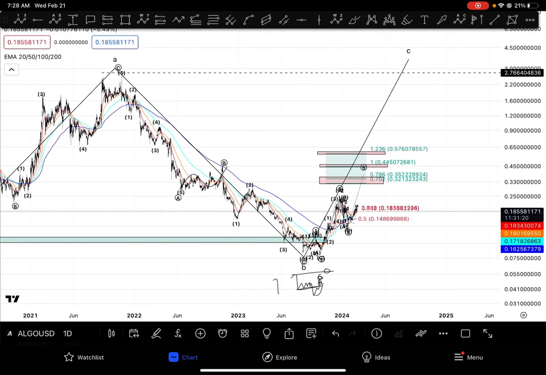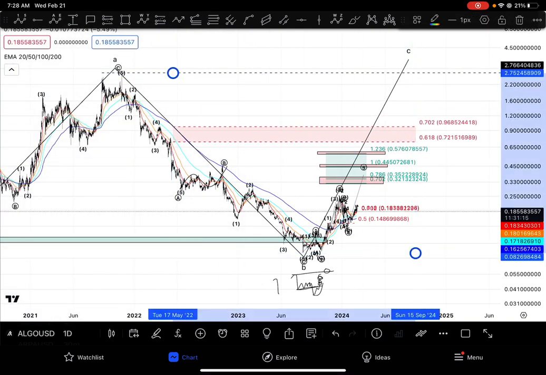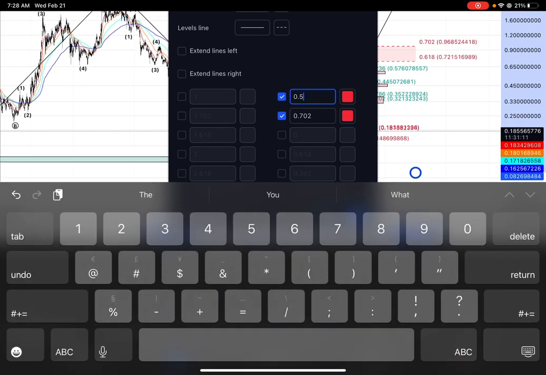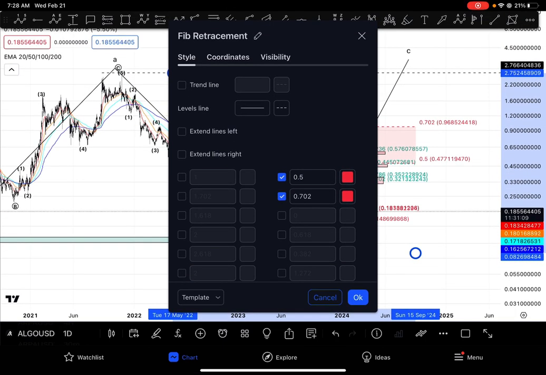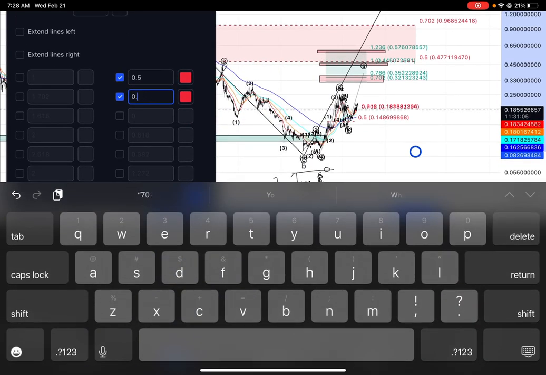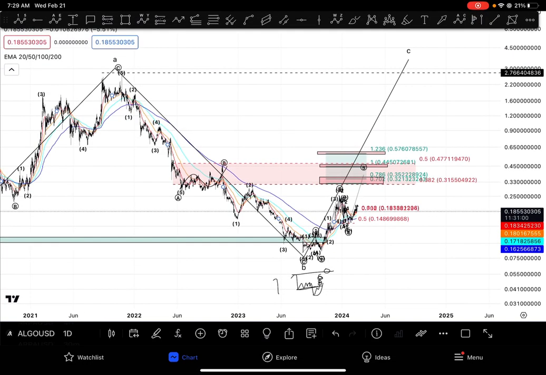So if we take a fib from the very peak down to this low, we see that the 50% is right there at our 100% fib using our trend-based fib, and our 38.2% fib is right there at our 786, 702 fib using our trend-based fib.